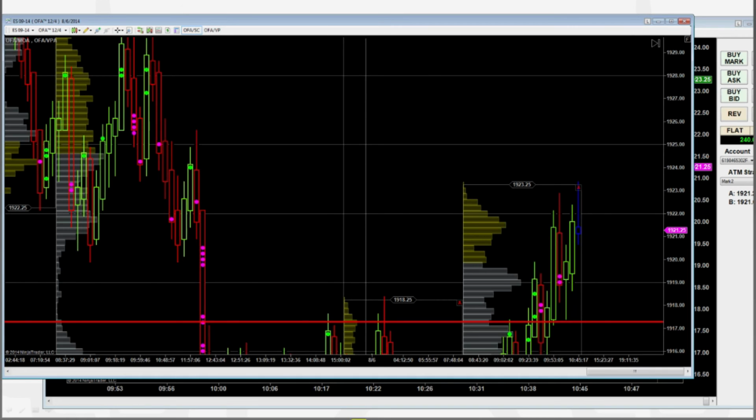I find that once I start getting past my objective, I can start getting greedy. There's a potential of making a lot more in a market, and if the market is trending and giving me a trend signature, I may look at adding into a position or extending my objective.